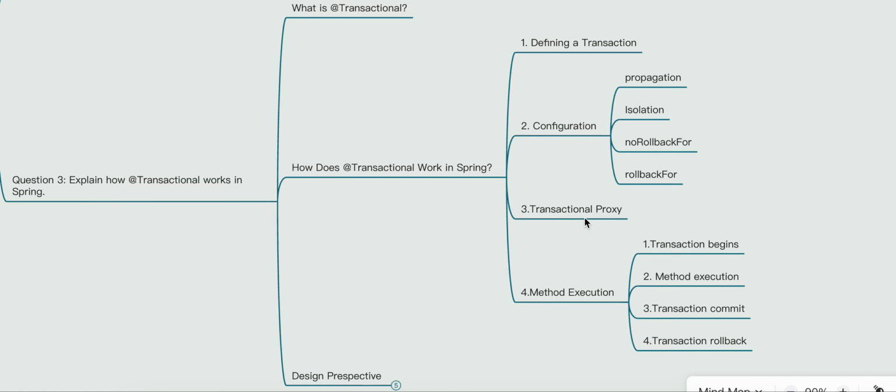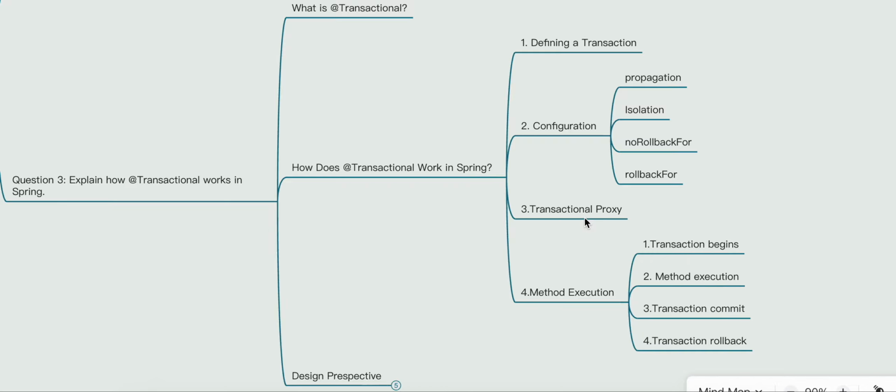An important thing here is that the transactional annotation only works on public methods, because proxies in Spring work only with public methods.